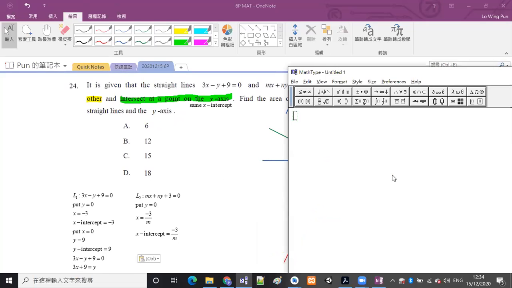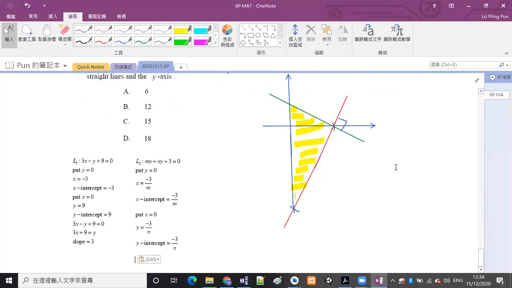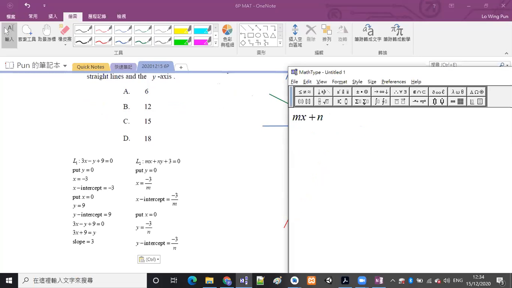Okay, and then if we put x to be 0, then y will be equal to -3 over n. So the y-intercept is equal to -3 over n. And then if we make y to be the subject, so ny is equal to -mx minus 3, and then y is equal to -m over n x minus 3 over n. Then the slope should be equal to -m over n.